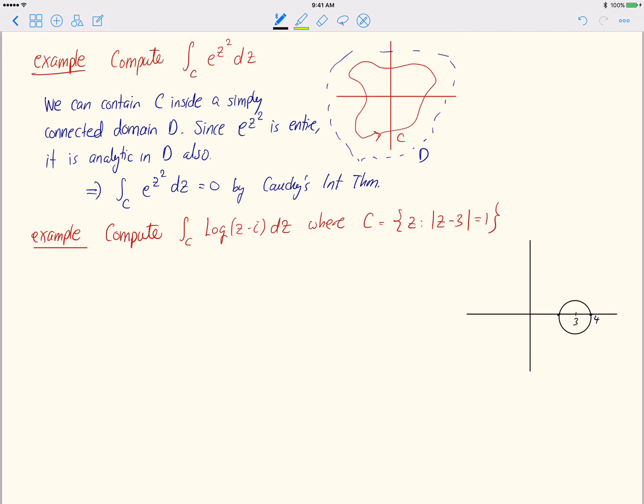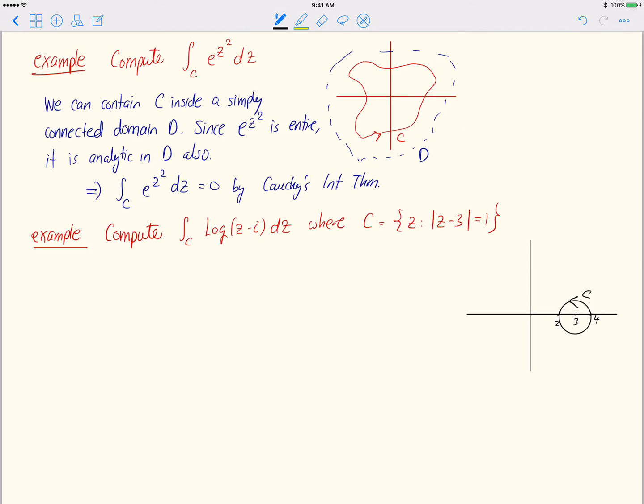That will be the point 2. So it's a circle centered at 3 with radius 1. Now the question doesn't tell us in what direction the circle is going. And that happens quite often actually. Often the question won't say. When it doesn't say, you always assume it's going anti-clockwise. So, like that.